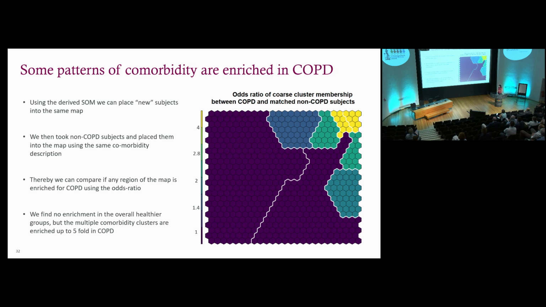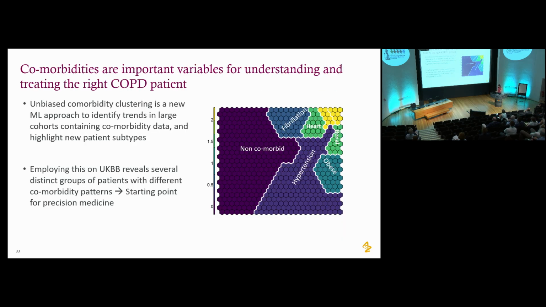And by comparing the odds ratio of cluster membership between COPD and matched non-COPD subjects, we can identify which clusters are enriched for COPD patients. And it was really interesting to see that we find no enrichments in the overall healthier groups, but the multiple comorbidity clusters are really enriched up to 5-fold in COPD patients.